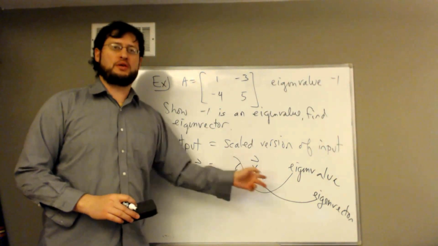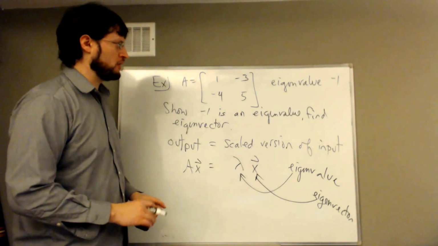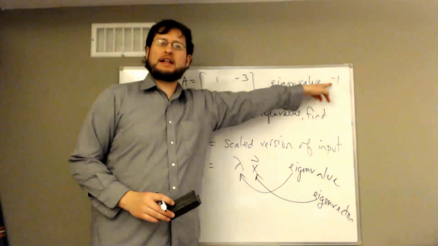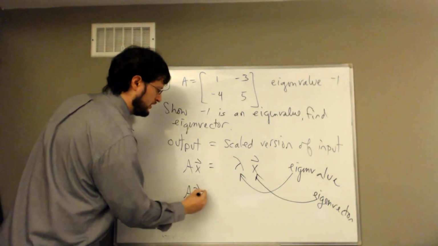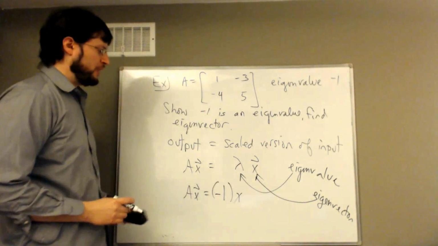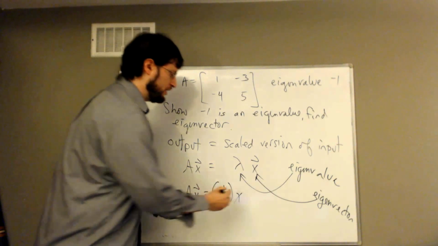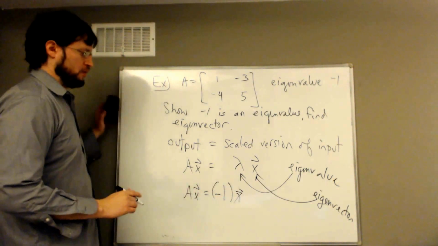So there's really two unknowns, and in that case it becomes a little bit trickier, and we'll have to do some more work. But for right now, we do have a guess for the eigenvalue. So we can actually put Ax equals -1 times x, and say, now I just have a single unknown, the vector x. And when does that work?